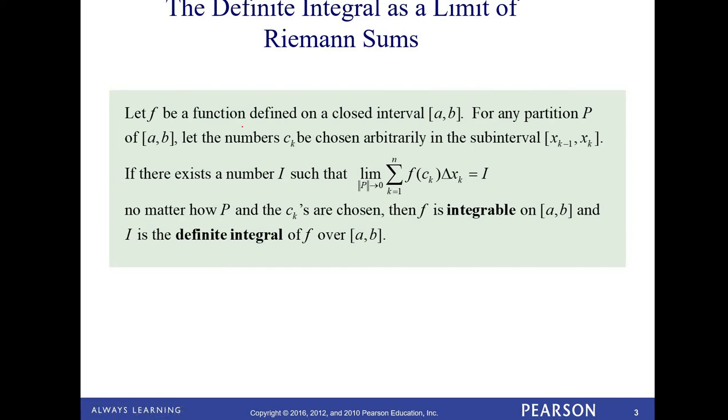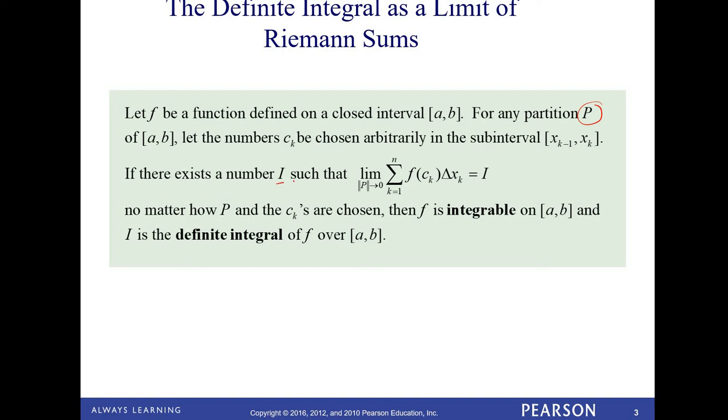So let f be a function defined on a closed interval a to b, for any partition P of a through b. Let the numbers c sub k be chosen arbitrarily in the subinterval x sub k minus 1 to x sub k. Just copy it down for now.